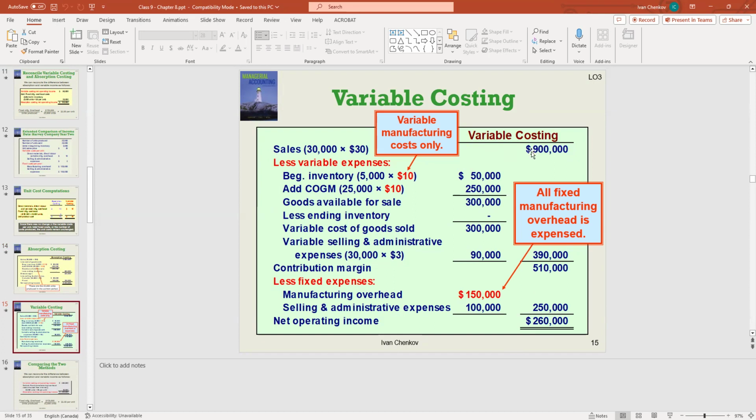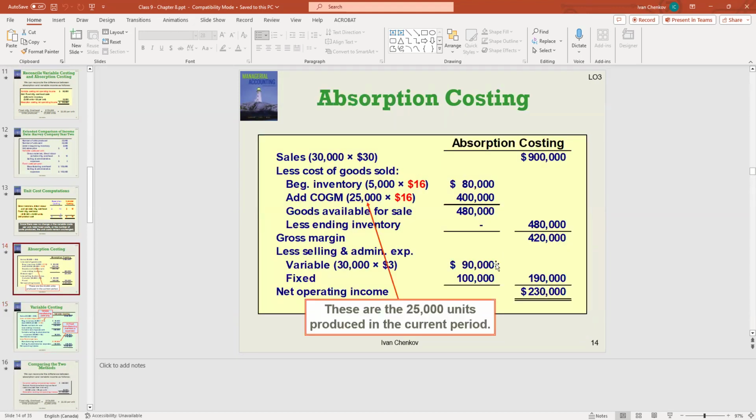So sales, 900,000, same. Beginning inventory, only 50,000. Cost of goods manufactured, 25,000 times $10, 250. Cost available for sale, 300. We're selling everything. We're going to add the variable selling administrative expenses, which is 90,000, exactly the same 90,000 which is sitting in the absorption.